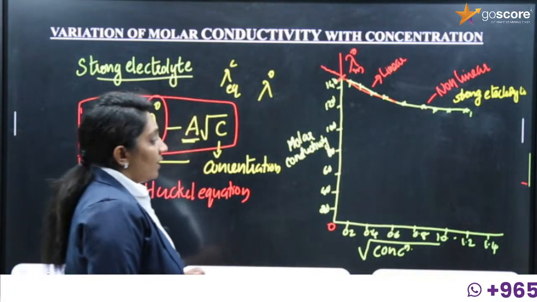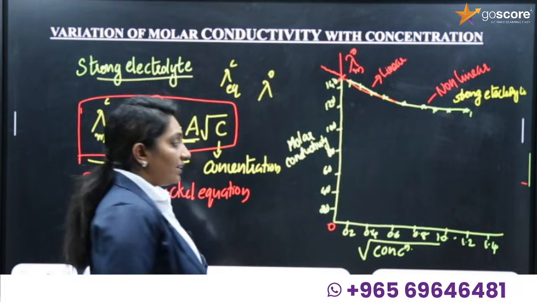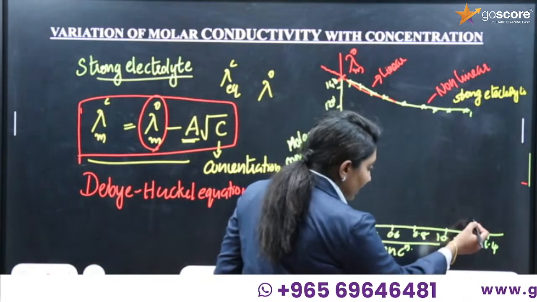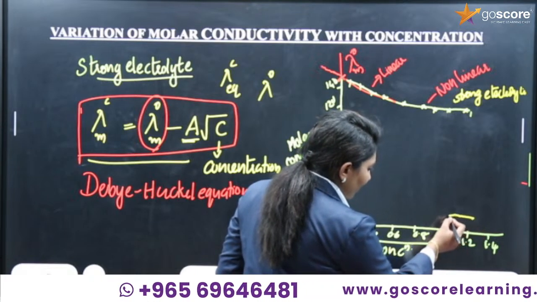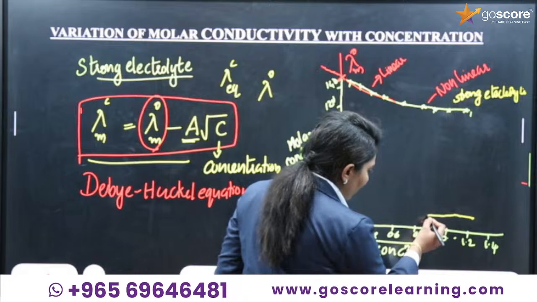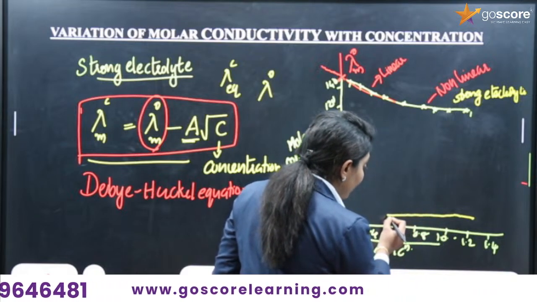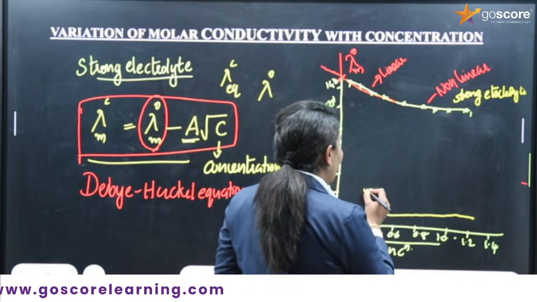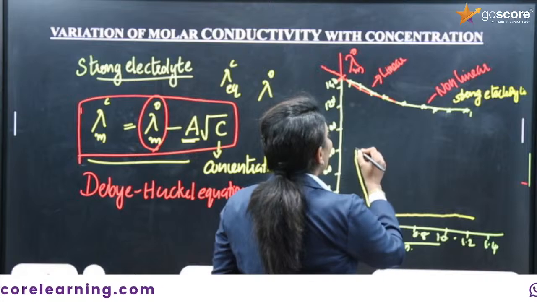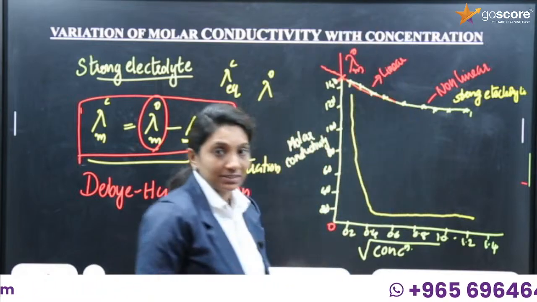Okay. Now see for the weak electrolyte. For a weak electrolyte, when you are decreasing the concentration, there is only a very little difference in the molar conductivity, and upon further dilution, you can see a big increase in the molar conductivity, and it goes like this.